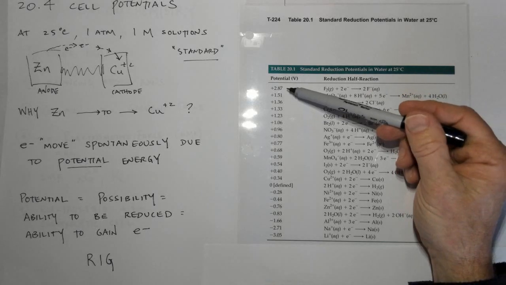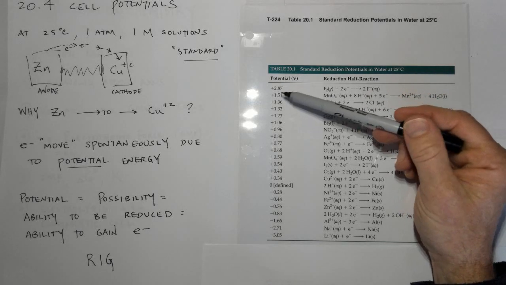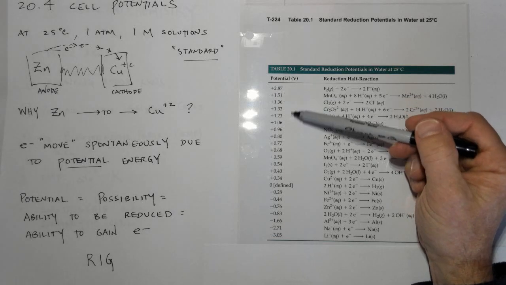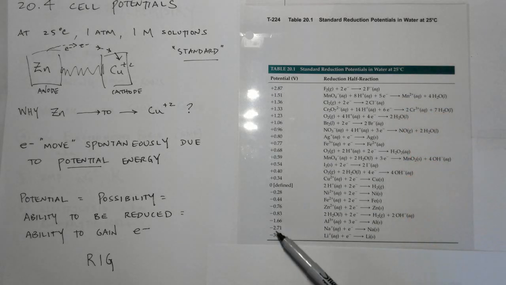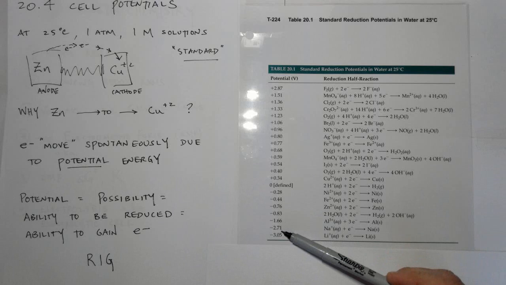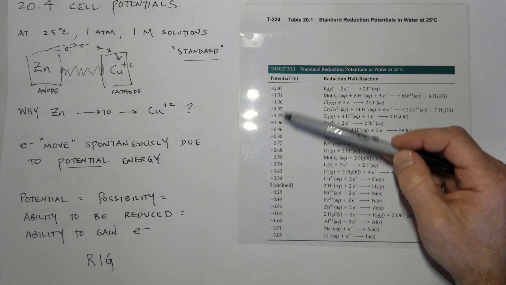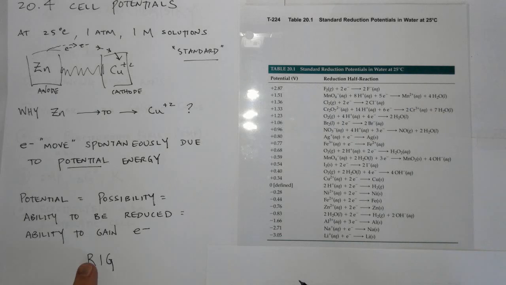You can see right here that this one has the possibility that's associated with 2.87 volts, all the way down here to negative 3.05 volts. The ones that are negative have a really good possibility of being oxidized. The ones that are positive are the ones that have a really good possibility of gaining electrons.